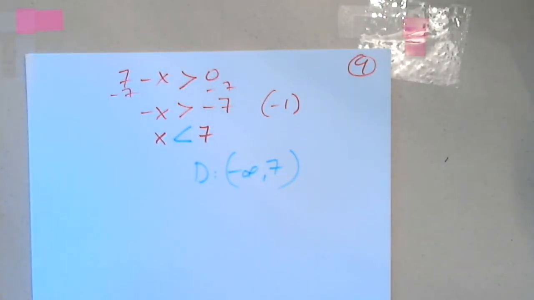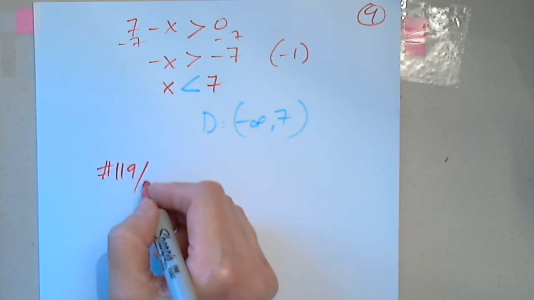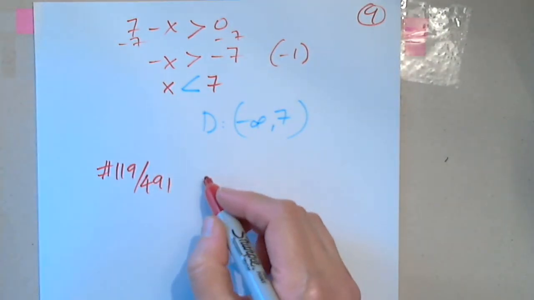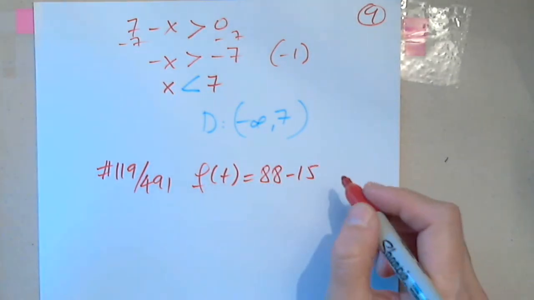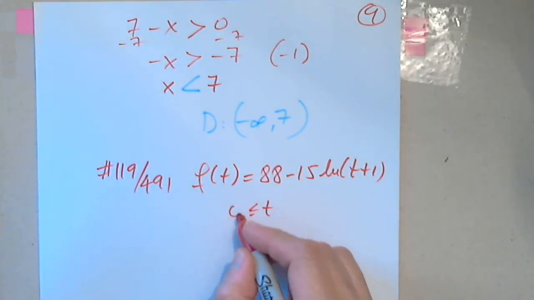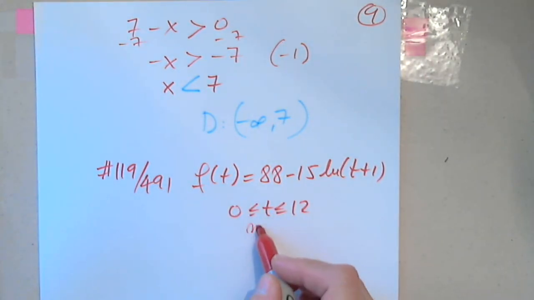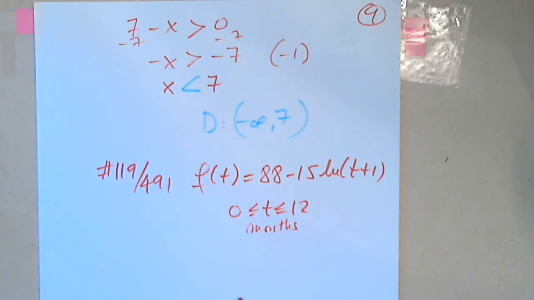So first, this is problem 119 on page 491, and we have a function f of t equals 88 minus 15 natural log of t plus 1, for t between 0 months and 12 months. So t is in months, and f of t is the average score.